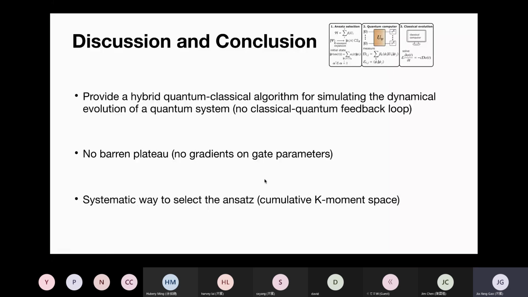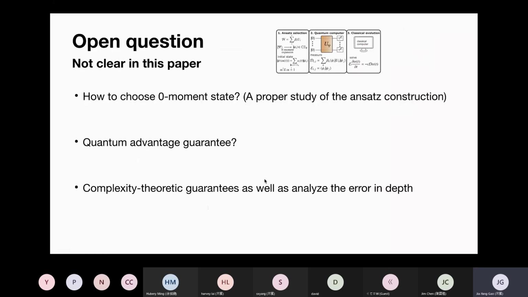And there are open questions. First, it's not clear in this paper how to choose the zero moment state. It just randomly chooses a zero moment state and follows the Hamiltonian to construct the one moment state, but it doesn't tell me how to choose the zero moment state depending on the problem. Second, what is the quantum advantage guarantee is also not clear in this paper.